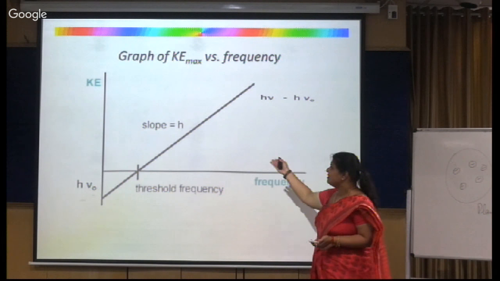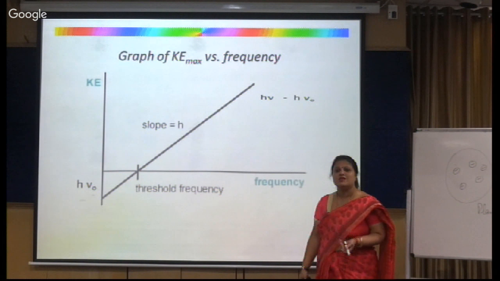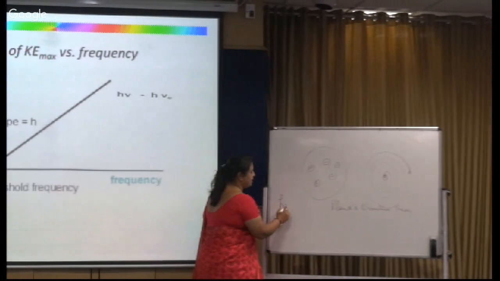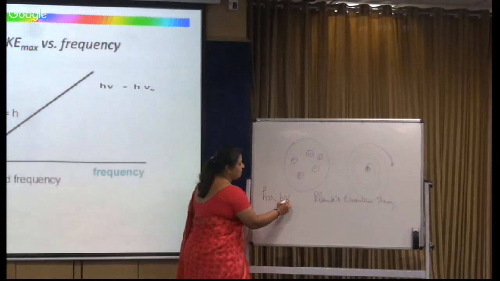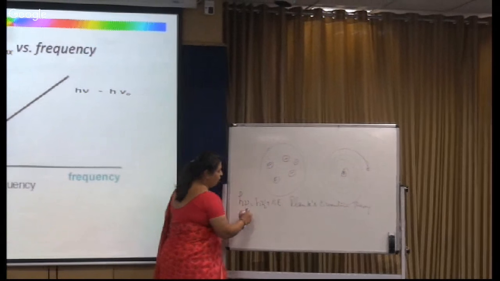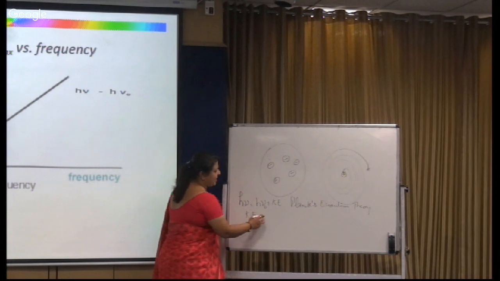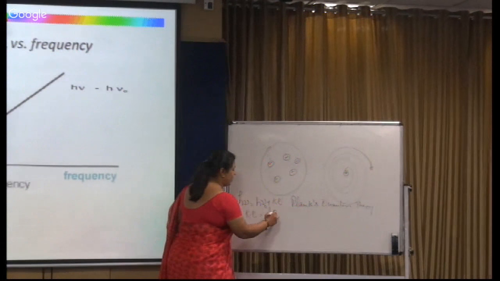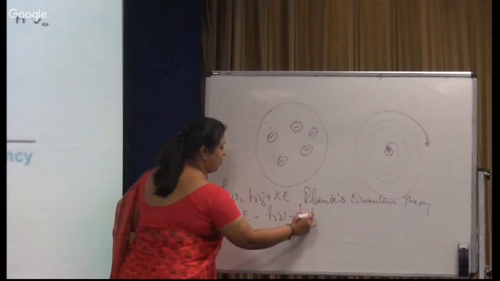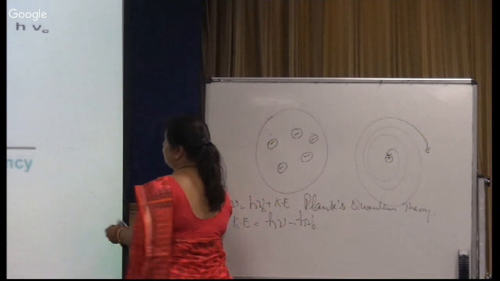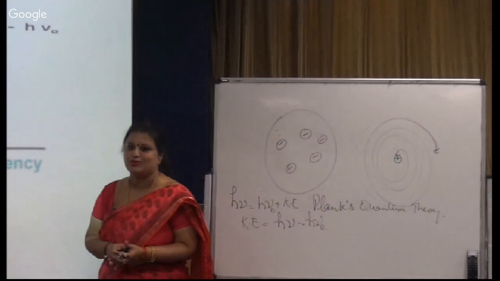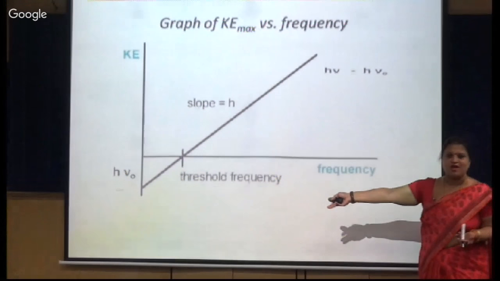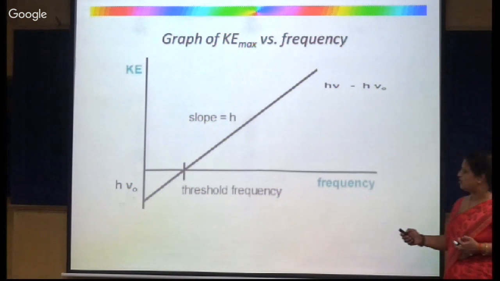Again, the graph is because of the basic equation that the energy of the incident photon is nothing but h nu naught plus kinetic energy, or you can rewrite it as: the kinetic energy of a photoelectron is equal to h nu minus h nu naught. It is one and the same thing. This is what has been written here. From the slope, we'll get the value of h, which is a constant, and the intercept gives us the threshold frequency.